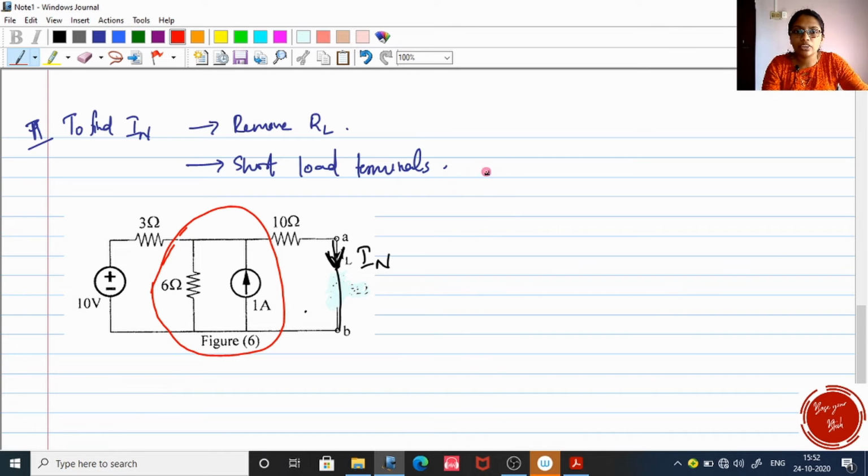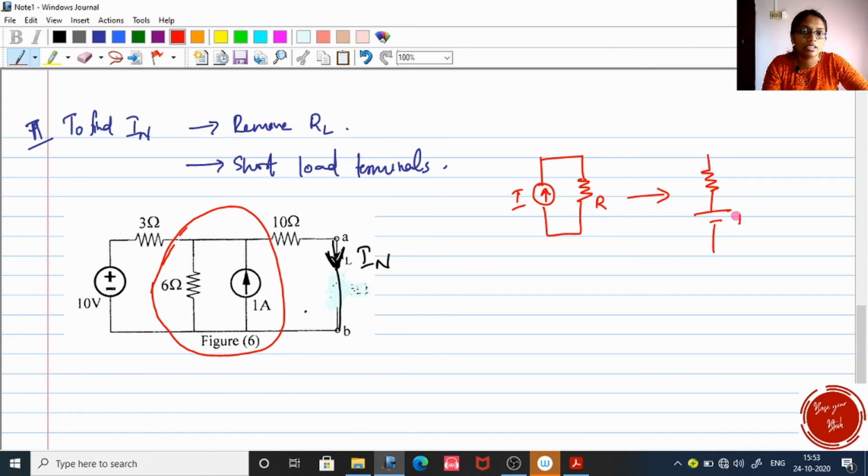So in my last video I spoke about this source transformation, that is, any current source which is kept in parallel to a resistor, where the current source has value I and the resistor has the value R, can be converted to a series combination of a resistor and a voltage source.